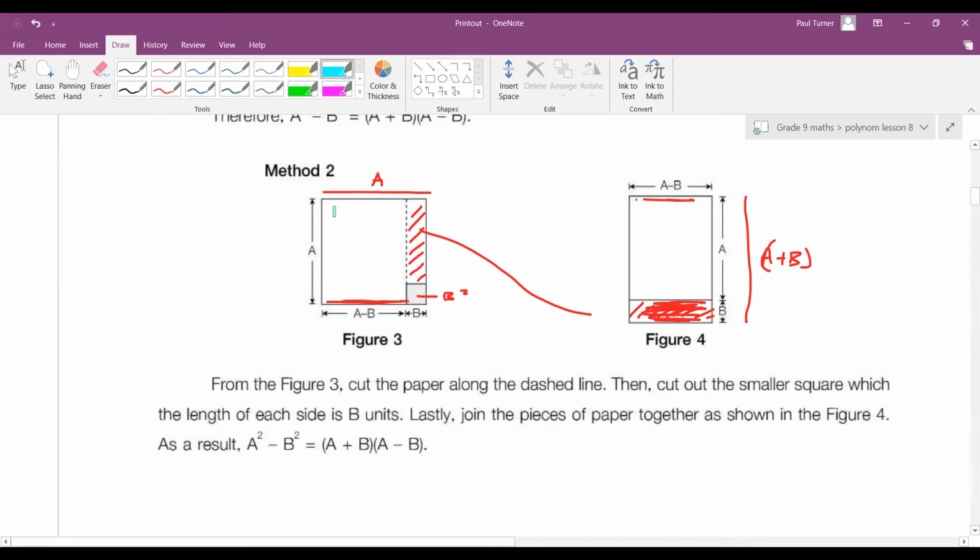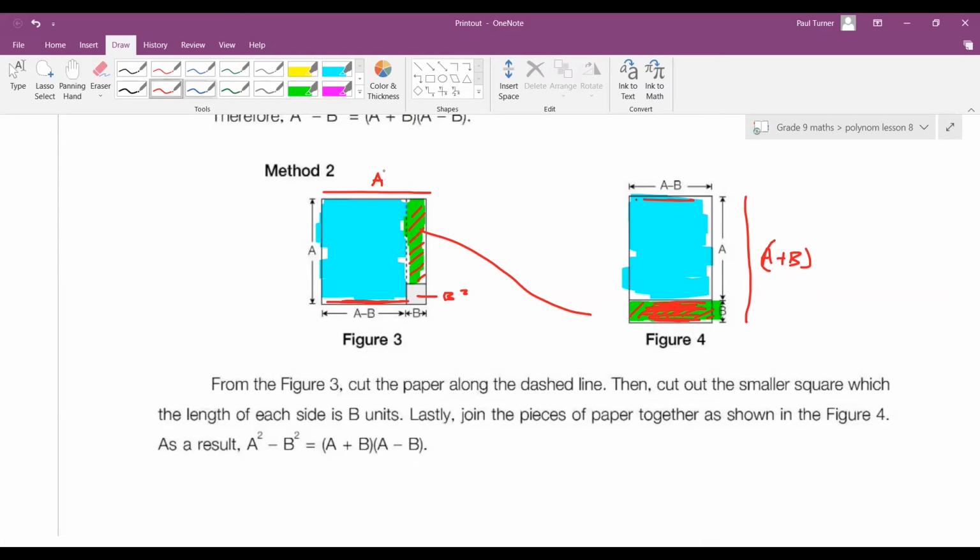So basically this big one is the blue one, which is this one here. And that red one, let's make that green. So that's put here. So they're just rearranging the two shapes.